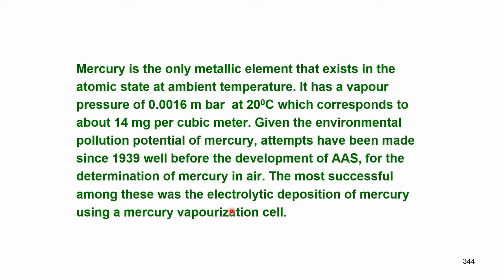What we do is take out mercury from a given sample, put it on a metal. We know that mercury forms number of amalgams with any metal.